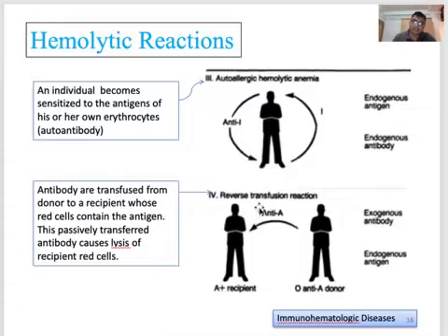The donor's blood cells will get sensitized and eventually lysed through the cytolytic reaction, either MAC (membrane attack complex) formation or ADCC. In this case, the antibody is exogenous and the antigen is endogenous.